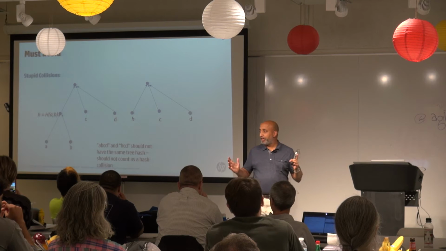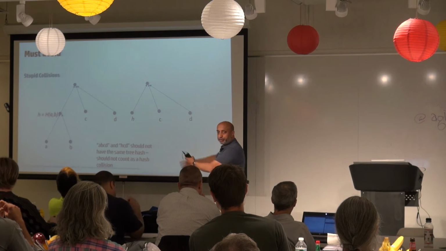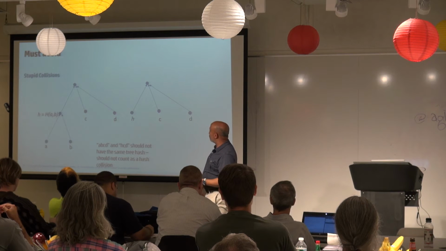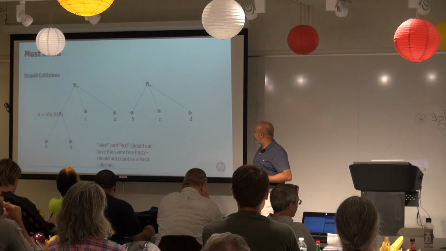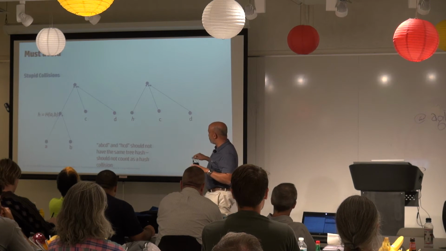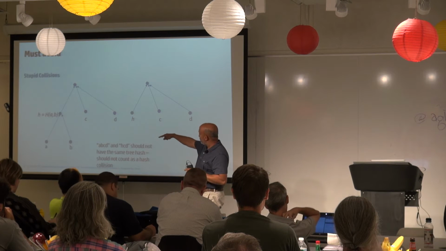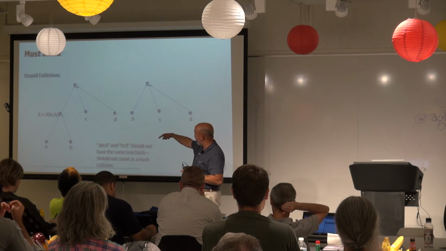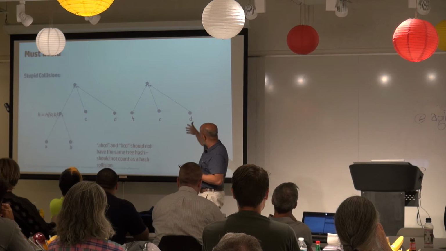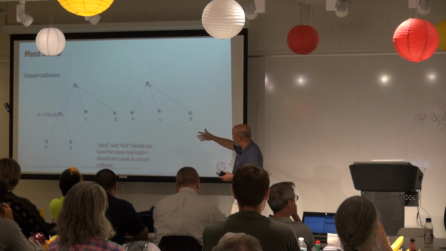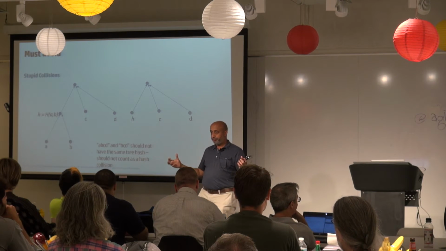And the stupid way of breaking a hash function would be to introduce stupid collisions in the tree hash mode. So out here, for instance, if you had the string ABCD and the hash of A concat B is H, then ABCD and HCD should not have the same tree hash.